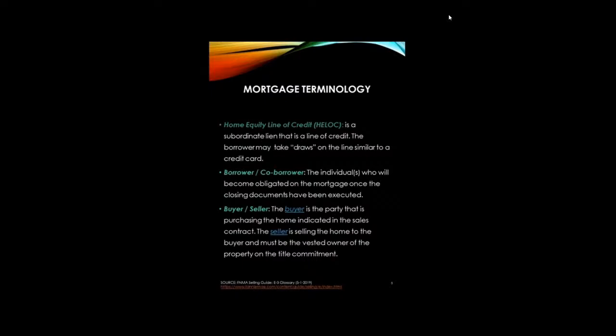If you are working on a file that has another type of relationship, mother and daughter, father and son, two best friends, two acquaintances, two business partners, whatever the scenario, and they're not married, they do have to be on their own separate 1003, and each person is considered a borrower.